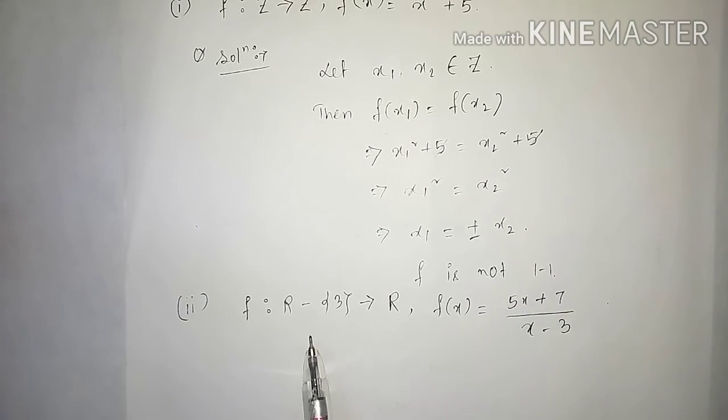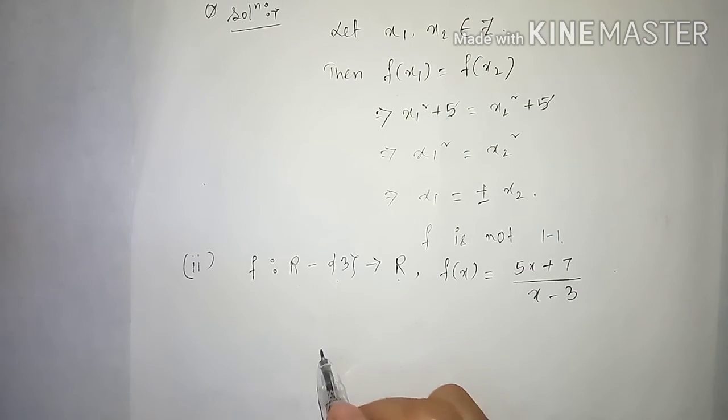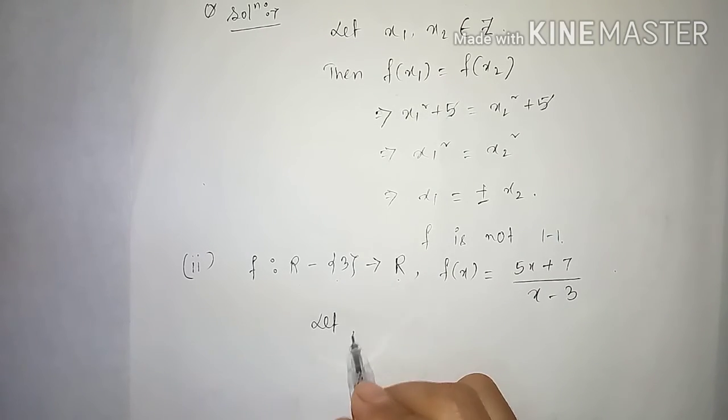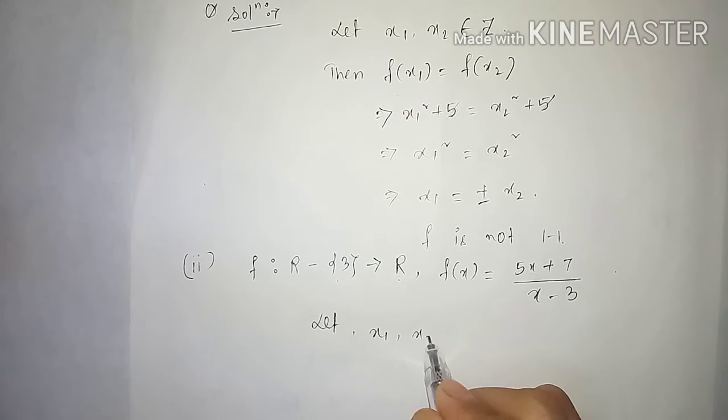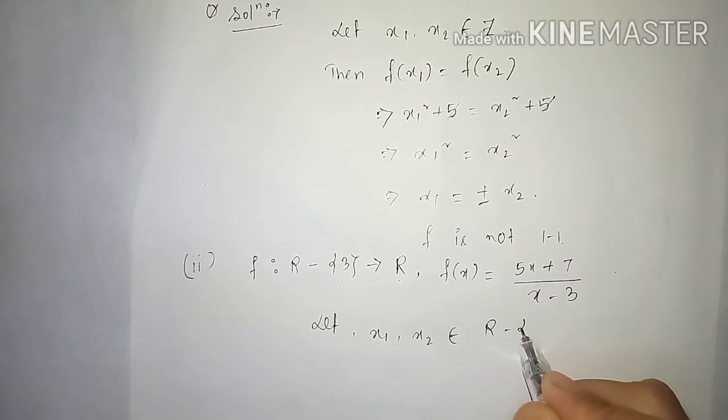So here the domain set is R minus 3 and the codomain is R. Now to check injectivity, let x1, x2 belong to R minus 3.